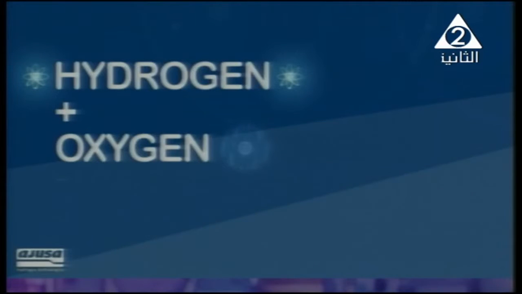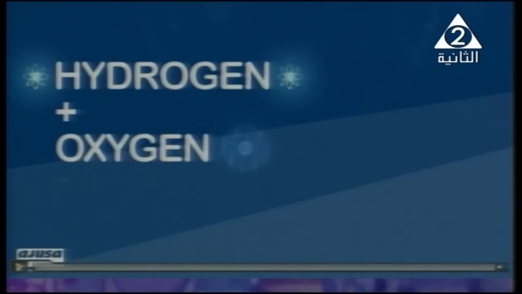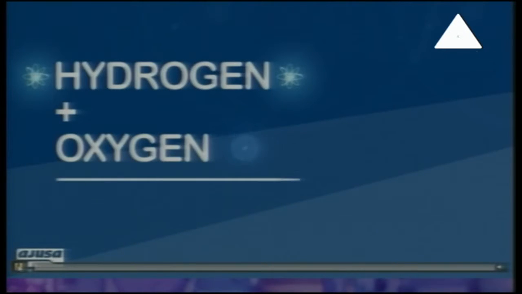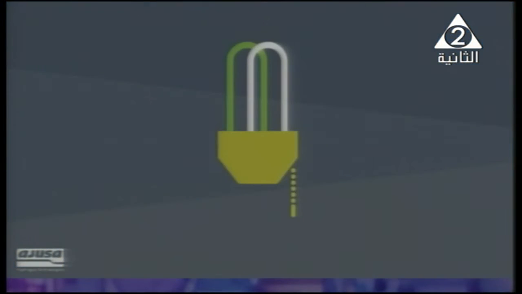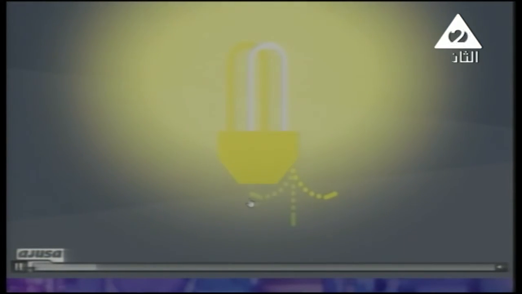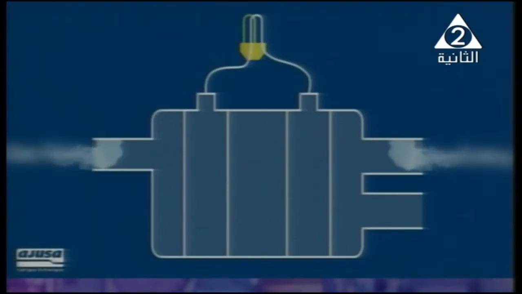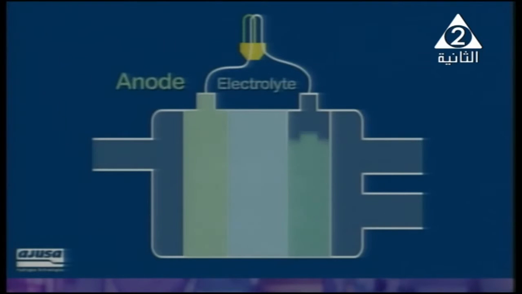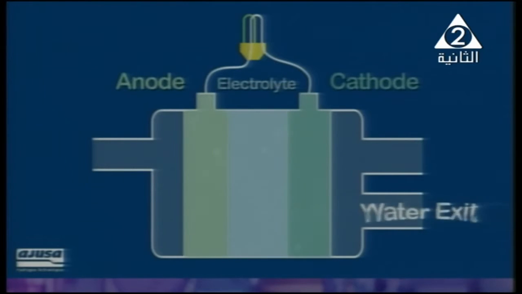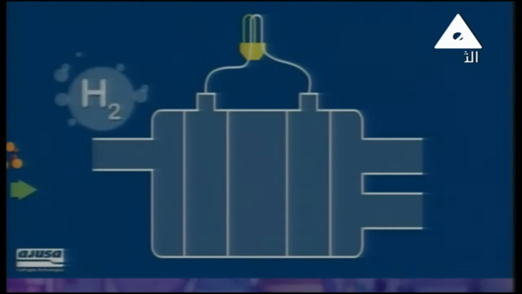Its composition. Now, this video will illustrate the hydrogen fuel. In this figure, we will observe what happens in this cell. Hydrogen gas and oxygen gas enter the cell, and hydrogen oxidizes.